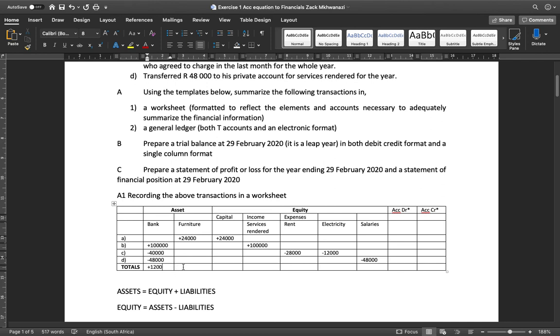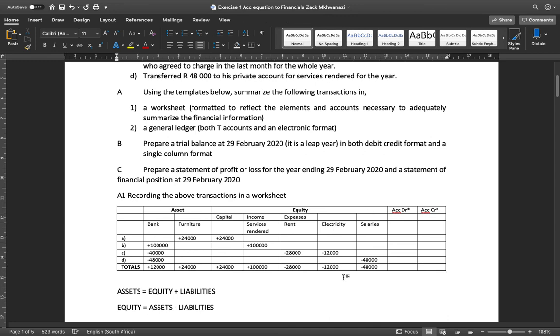The furniture is 24,000. The capital is 24,000. The income from services rendered is 100,000. The rent is 28,000. Electricity is 12,000. And salaries are 48,000.